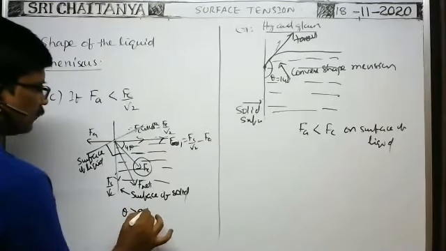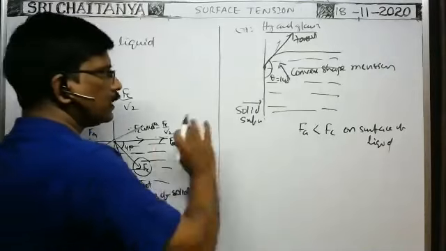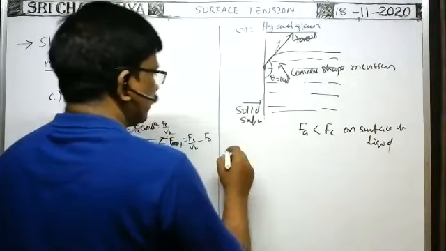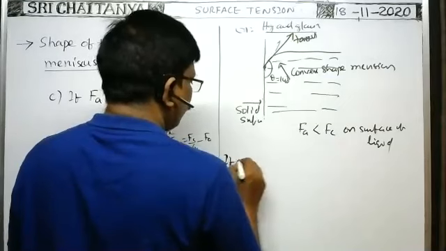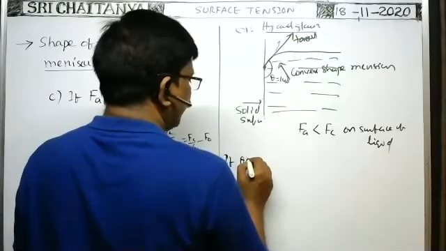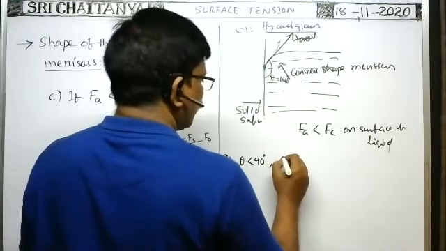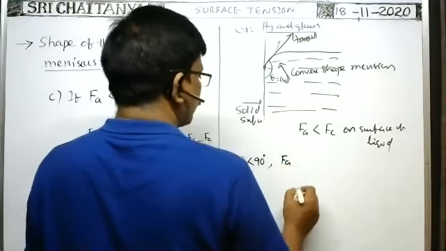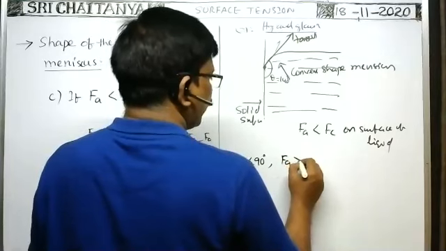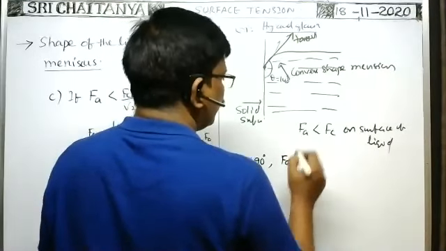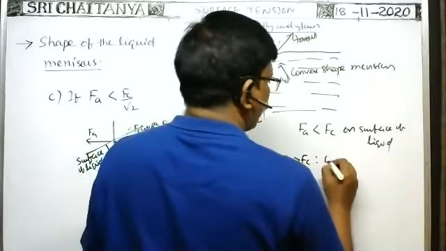Greater than 90. So from this explanation, we can write: if angle of contact is less than 90, then on the surface of liquid, adhesive forces are greater than cohesive forces and the shape of the meniscus is concave.